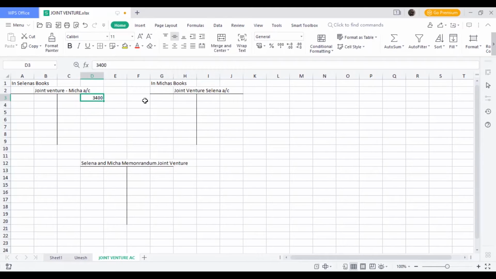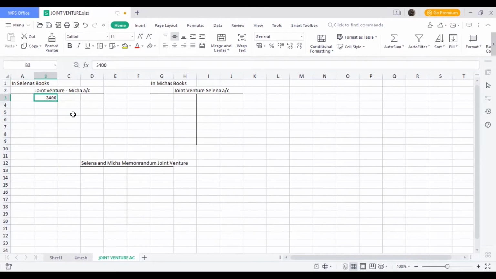So we will write here, on the amount of transaction, that it's a purchase of materials. I'll record it on the debit side, not the credit side, to show that Selena has put in 3,400. Though it is Misha's account, the amount of Selena's transaction should be written here because we are using the term in Selena's books, though it is a joint venture with Misha.